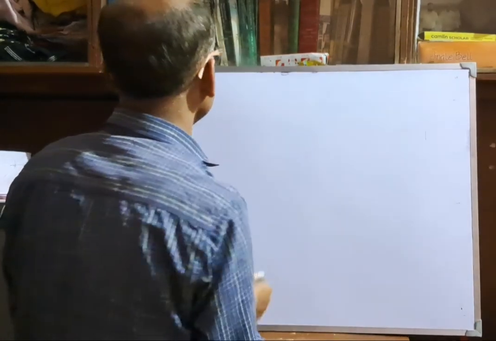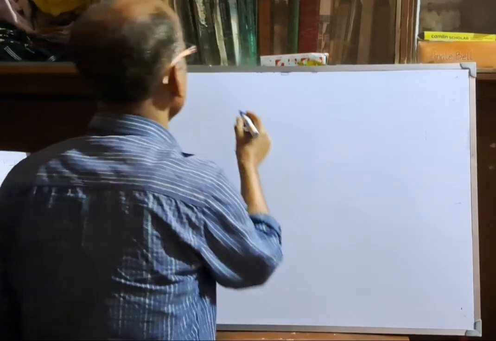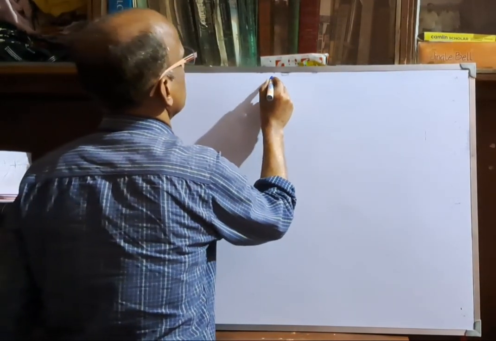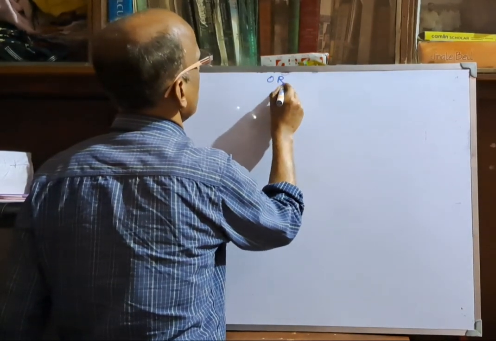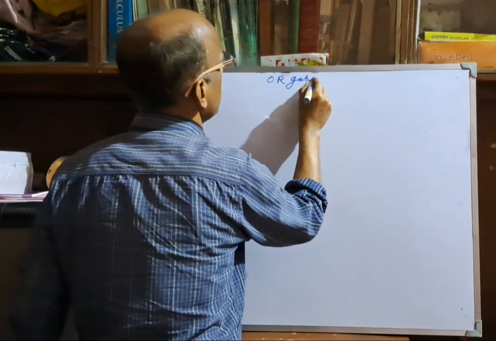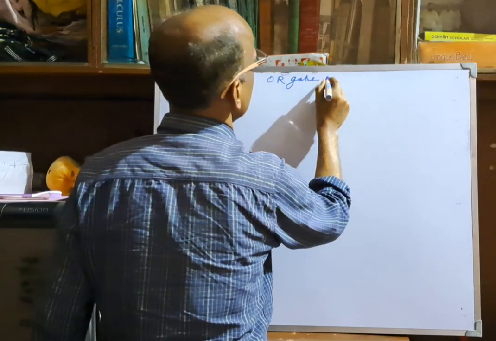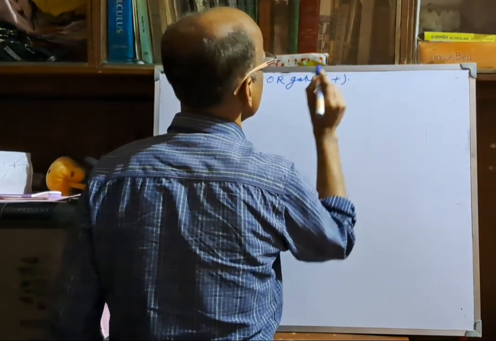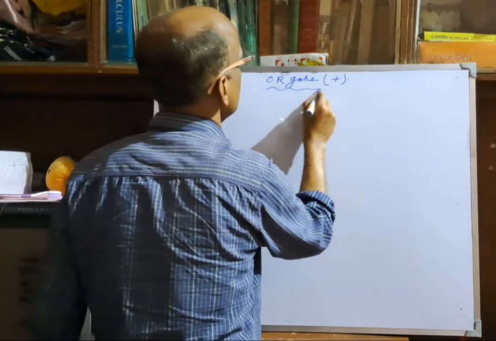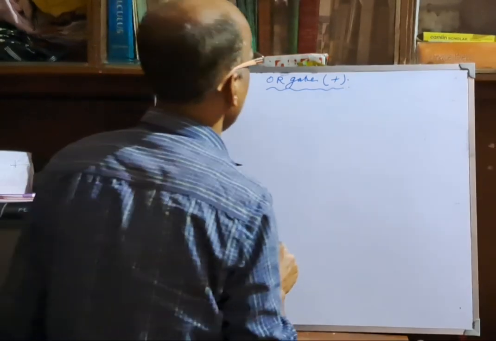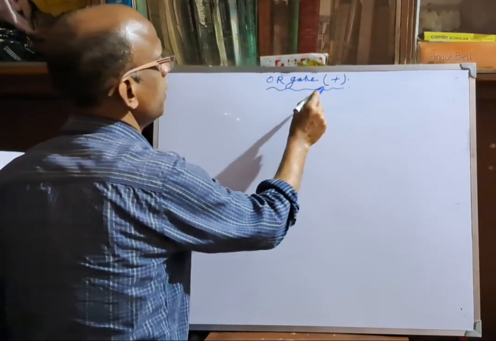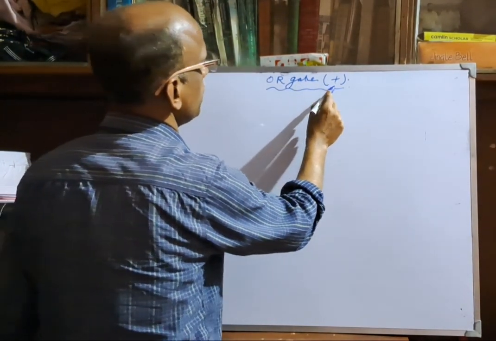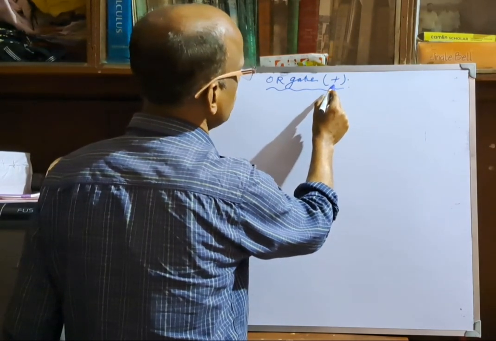Next is the OR gate. I'm doing the OR gate here. The symbol used to define the OR gate is plus. You just see here how it will be used. First of all, I am going to make a truth table.